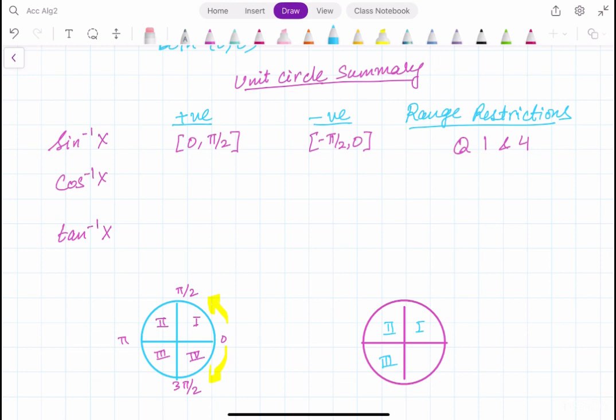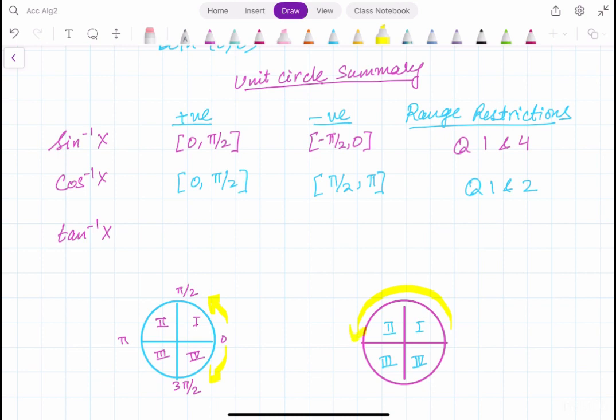Now understand where the cos function is positive. Cos is positive from 0 to pi over 2, that means in the first quadrant. Cos is negative in the second quadrant, that means from pi over 2 to pi. So quadrant 1 and quadrant 2 are active. So the range restriction is quadrant 1 and quadrant 2.